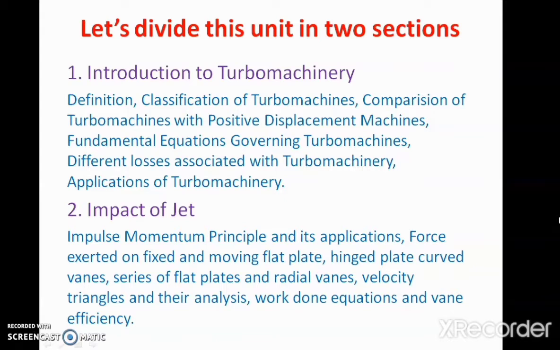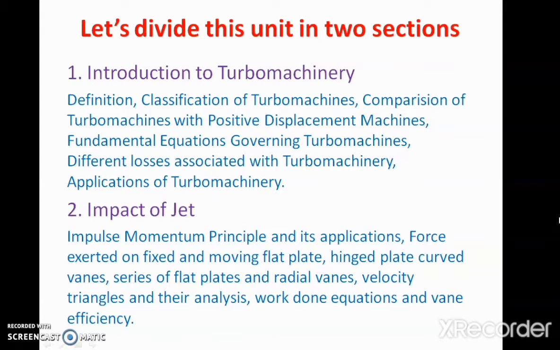So gradually we will move from the basic towards the real application of this impulse momentum principle or Newton's second law of motion for the turbo machines.